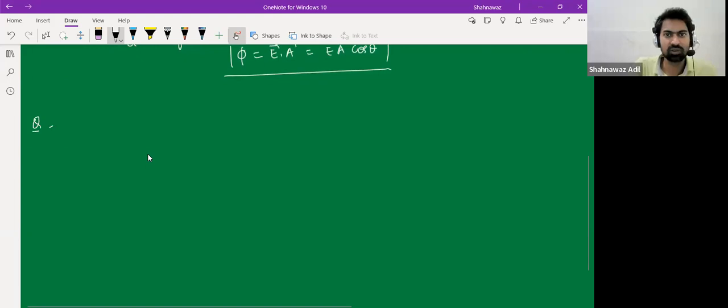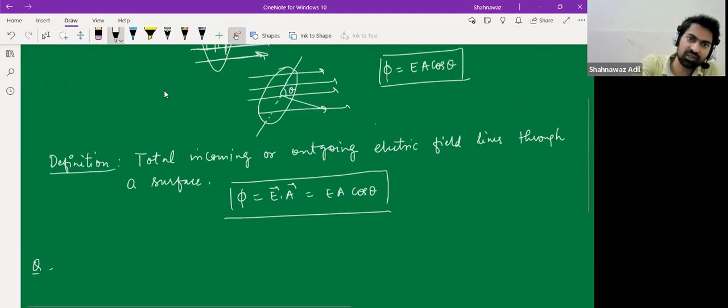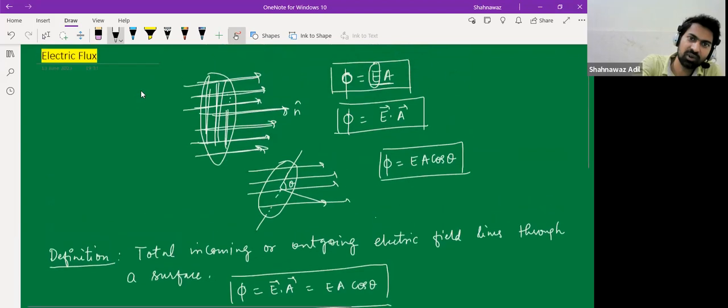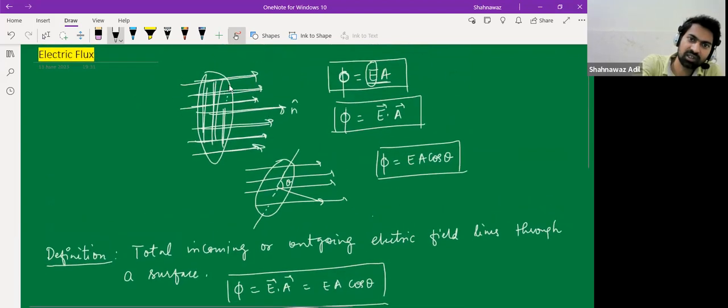Sir, but electric field has magnitude and direction both, right? But flux will not have a direction, because we count only the number of lines coming or passing through the surface.